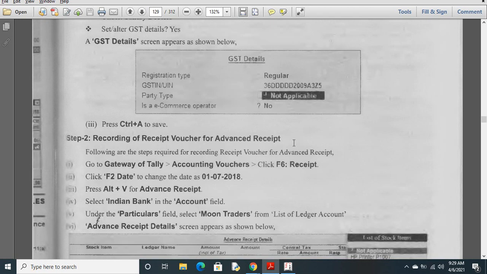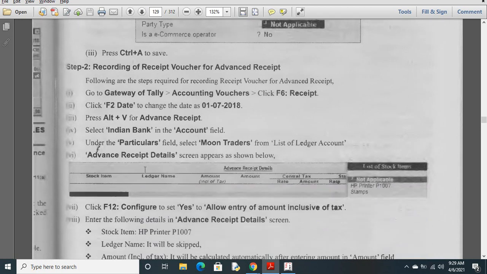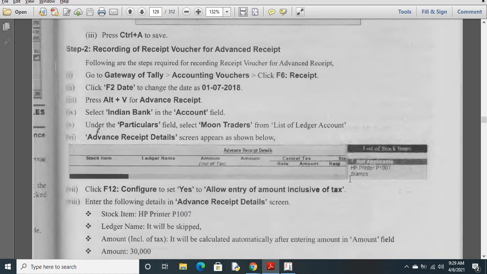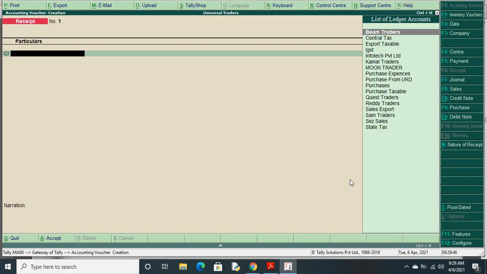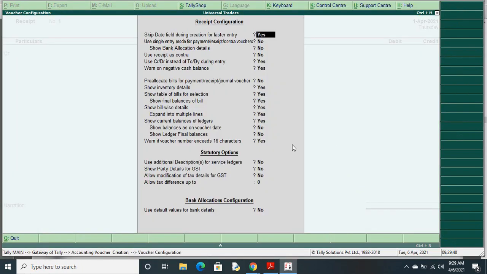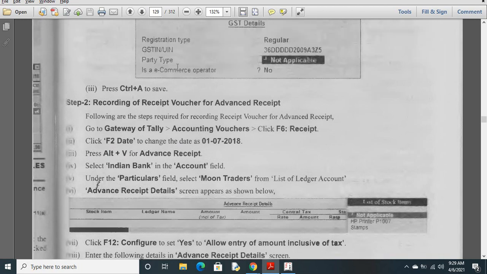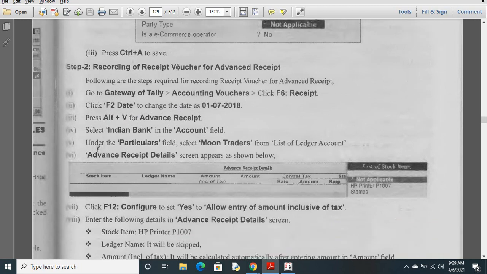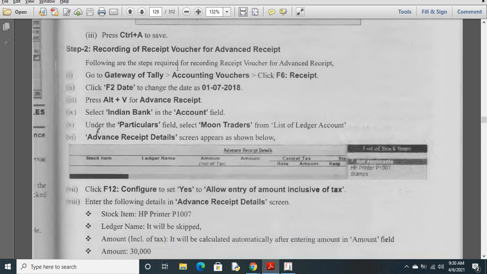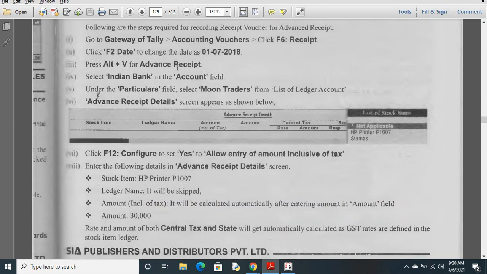So we have to activate this option under F12. Go to F12 and allow, there we have to activate. Okay.